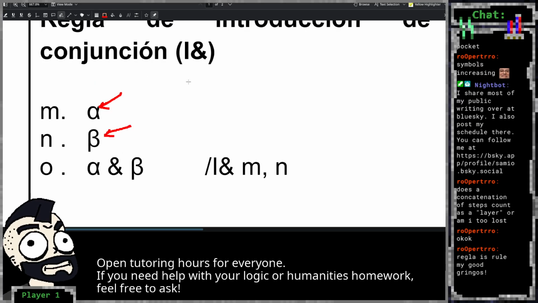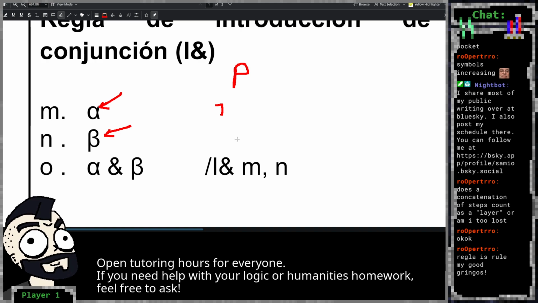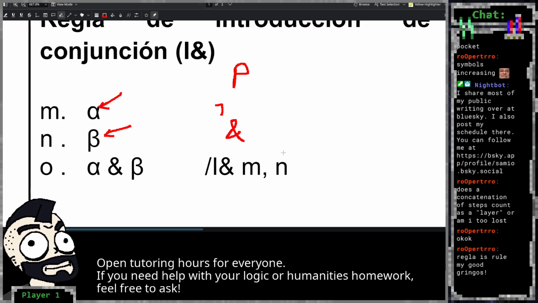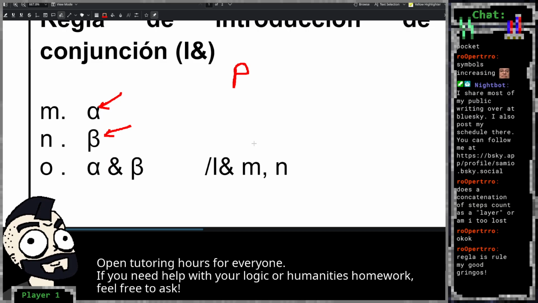Remember that a well-formed formula of our language is anything that is a propositional letter, or anything that is a well-formed formula plus a negation, or any two well-formed formulas with a symbol, whether it is conjunction, disjunction, conditional, biconditional, and so on.